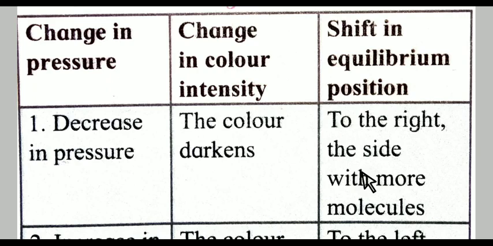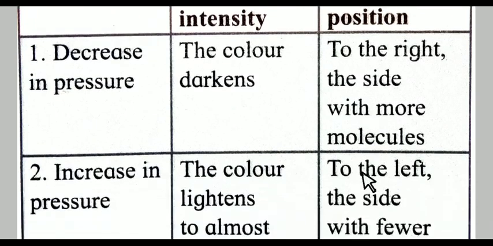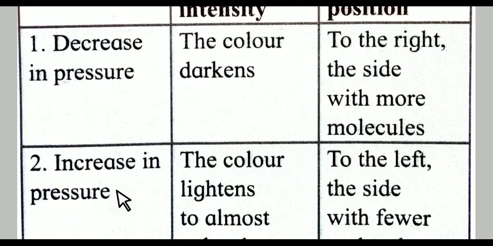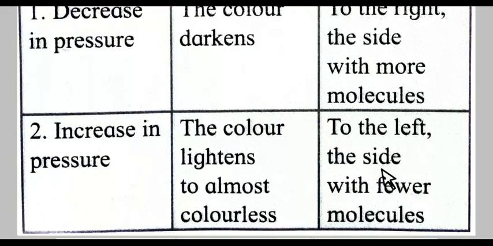Whenever equilibrium shifts to the right side, it means the forward reaction is favored and more molecules are formed. In the other condition, whenever pressure increases, the color becomes lighter and lighter, or almost colorless, and the equilibrium shifts to the left side. It means the reverse reaction occurs and a very small amount of product is formed.